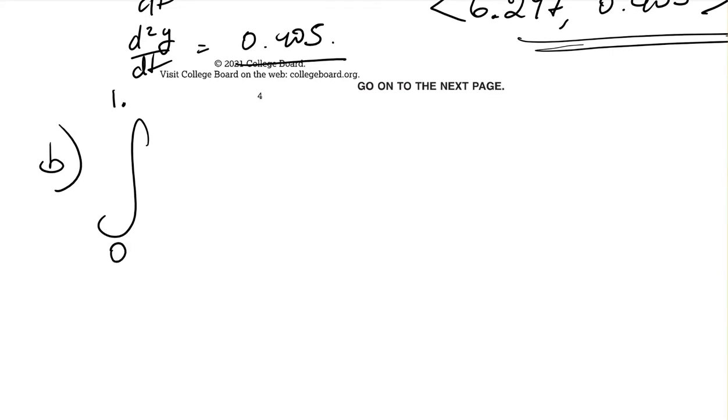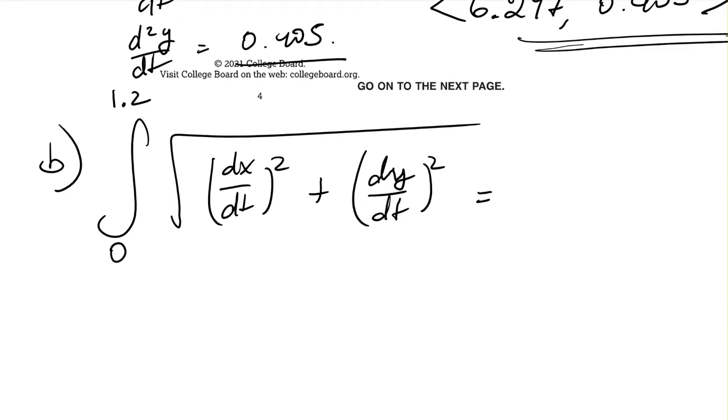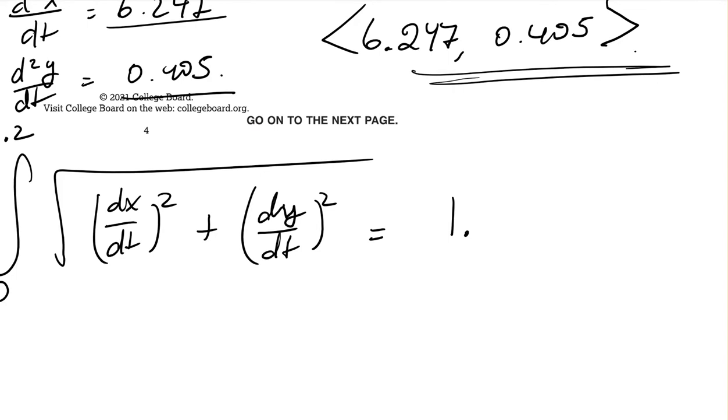The integral from 0 to 1.2 of the square root of dx/dt squared plus dy/dt squared, we can use our calculator for this. You get 1.010 if you round it.